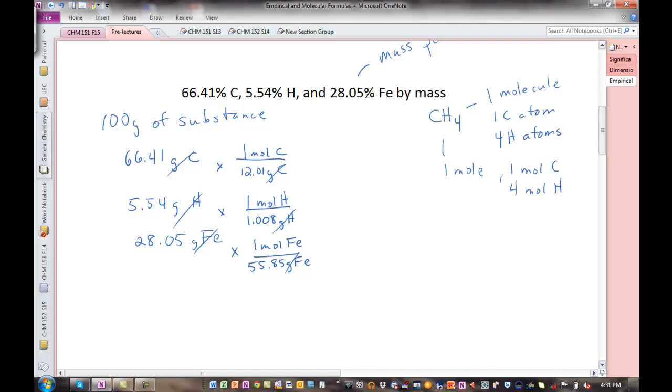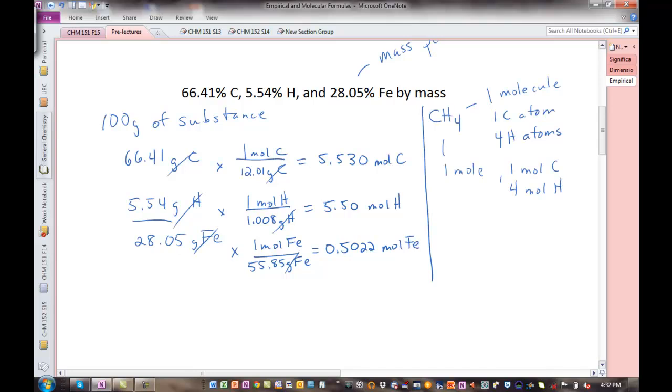All right, so what do we get here? For carbon, I get 5.530 moles of carbon. For hydrogen, 5.50. Okay, so I only carried 3 sig figs for hydrogen because that's all we had in the mass percent. And for iron, 0.5022 moles of iron.